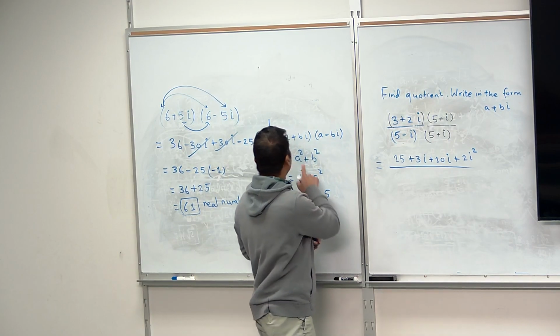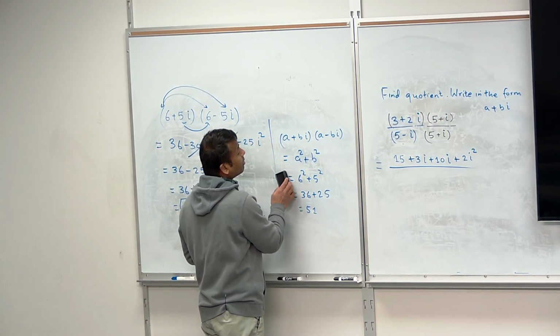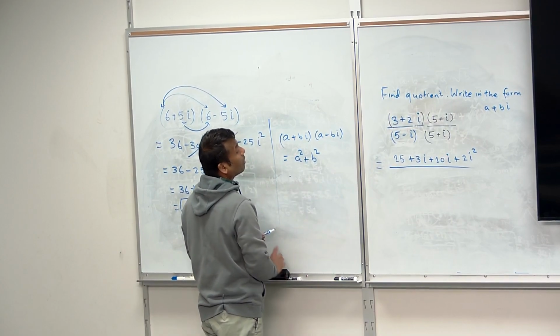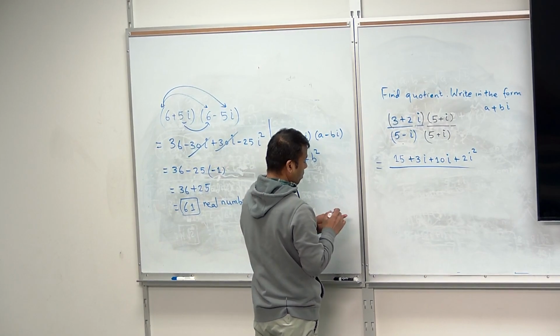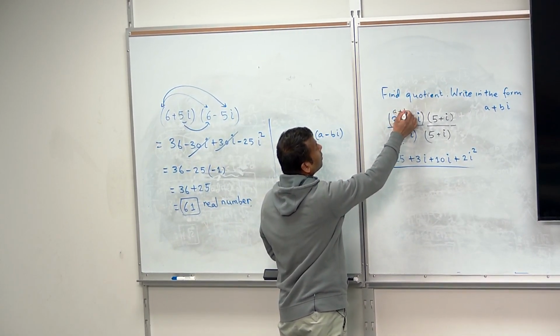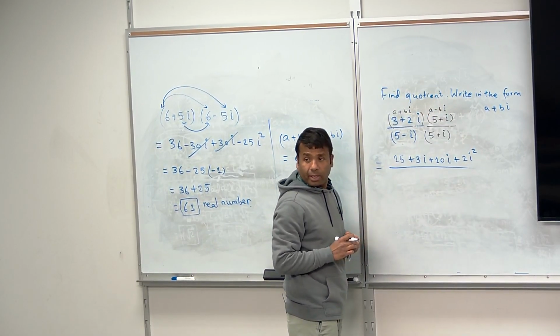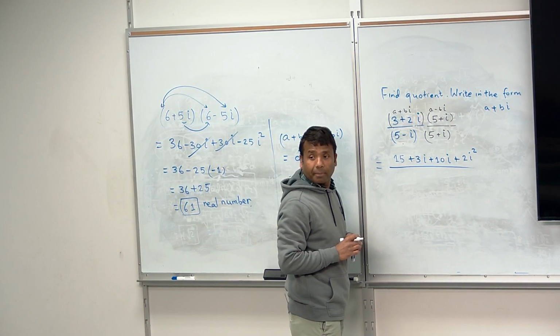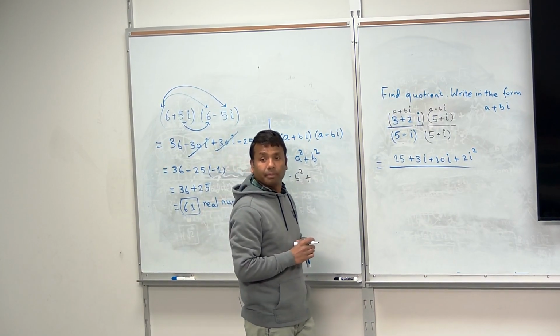Remember, a plus bi times a minus bi is a squared plus b squared. What is your a? 5. So 5 squared plus, what is b?